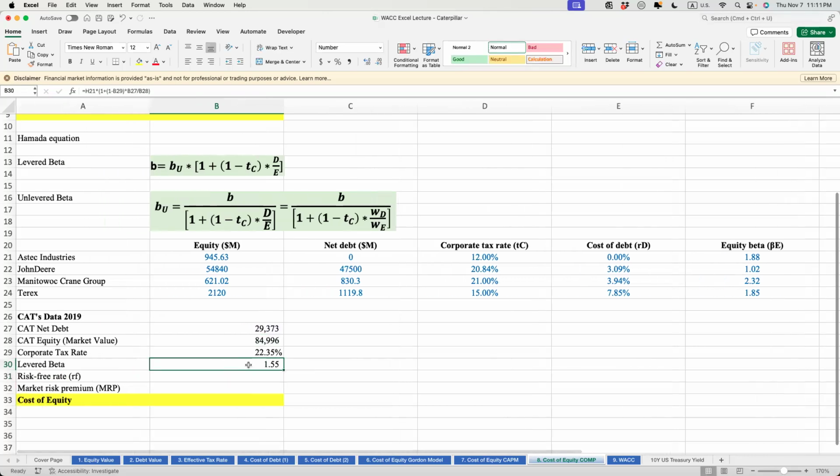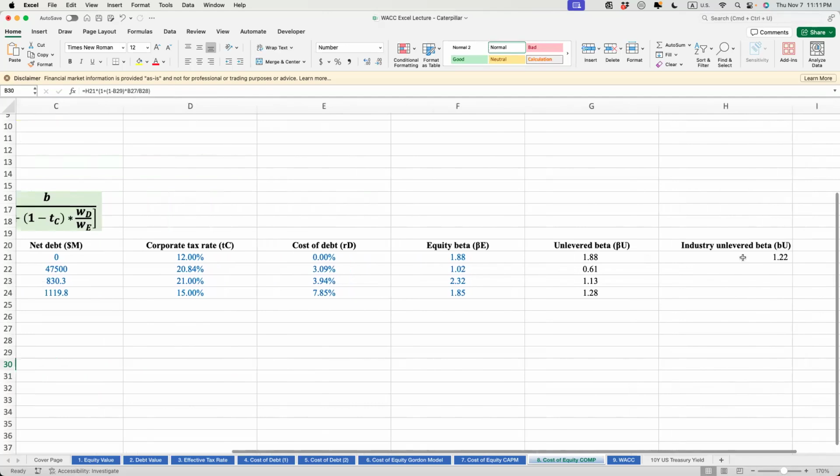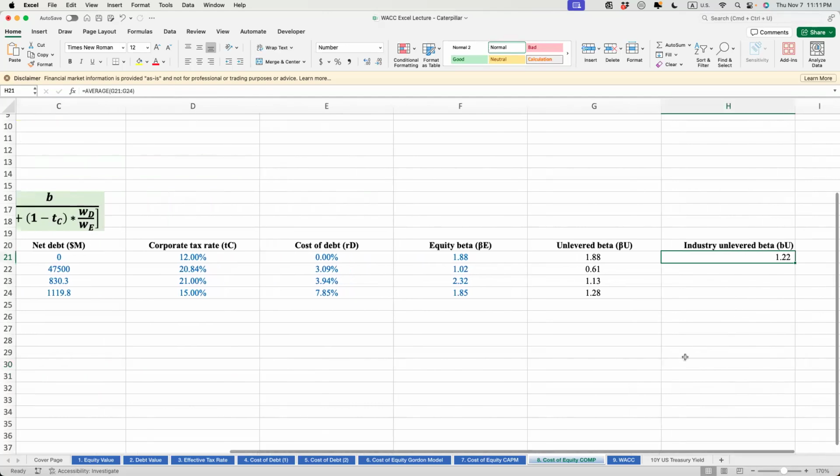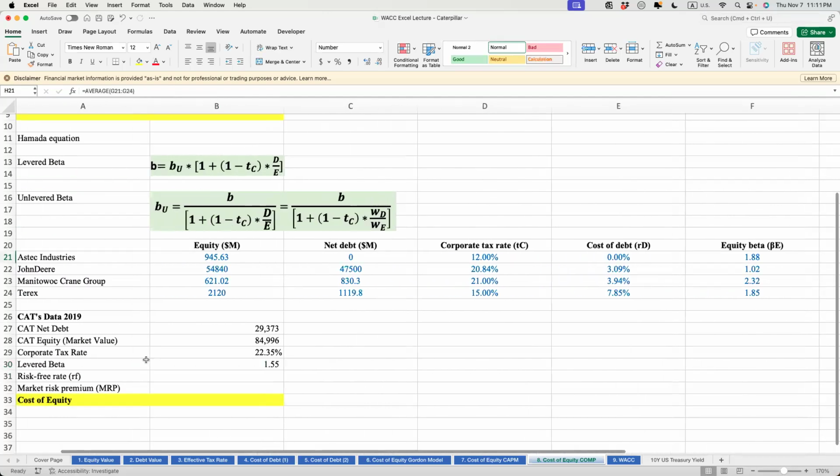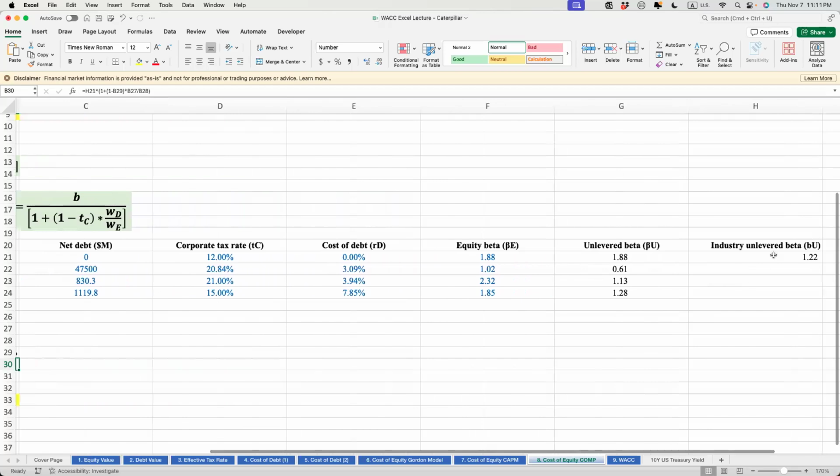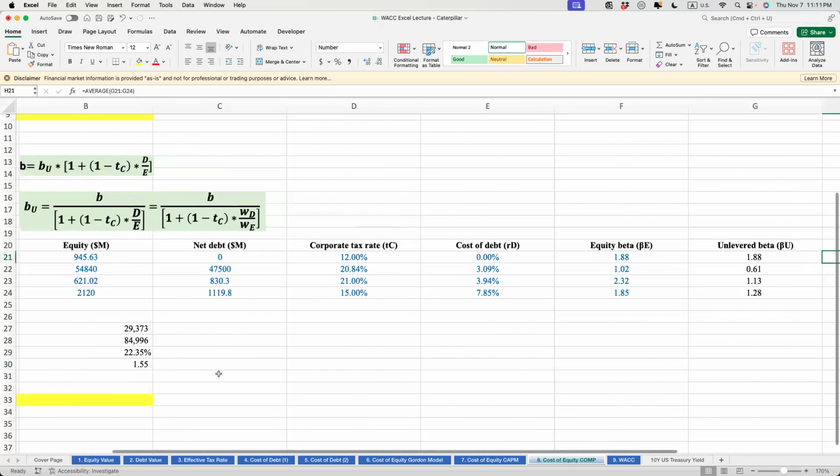Apparently this number, 1.55, is higher than 1.22, which is right, because Caterpillar uses debt. So basically you are adding more risk to shareholders. In other words, you're increasing the beta risk. That is why the levered beta is higher than the unlevered beta.